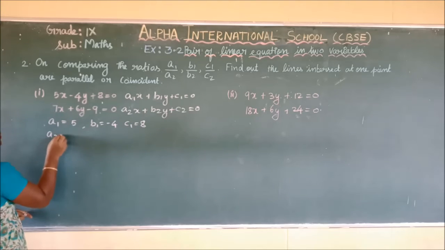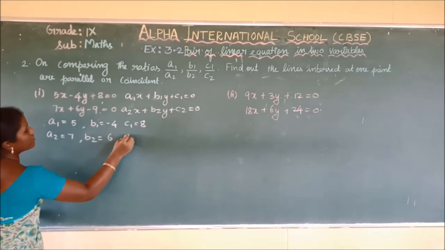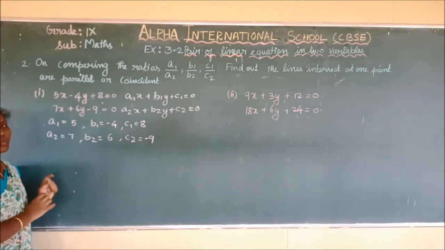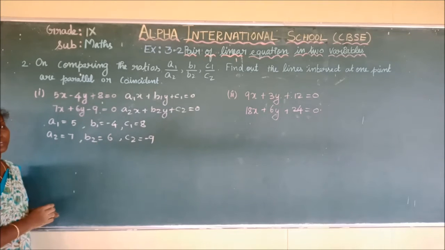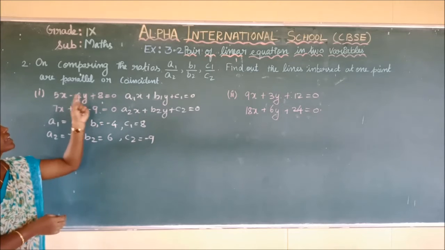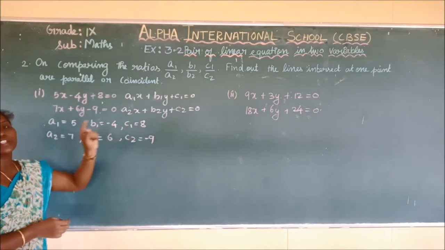Also A2 is 7, B2 is 6 and C2 is -9. So we are clear about the coefficients and constant terms. Now we are going to find the ratios, as the question itself says to compare the ratios.